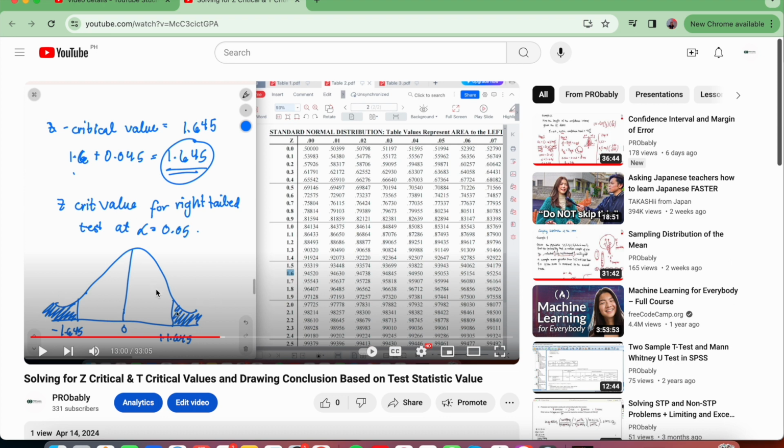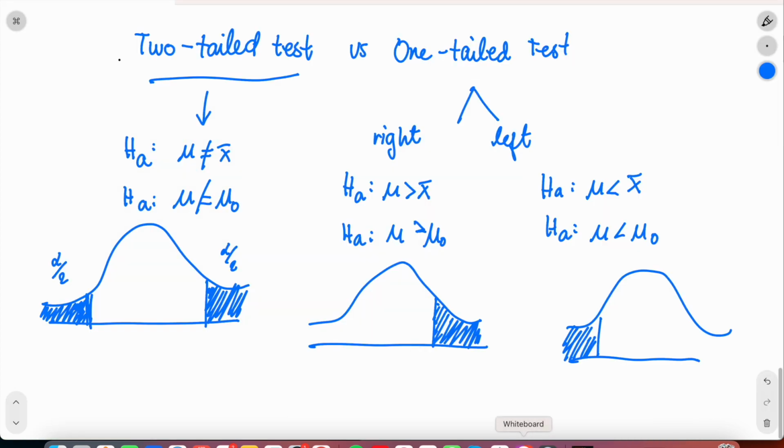It is still a correct representation, but to follow the rules, you should know that the rejection region for one-tailed and two-tailed tests looks different, but the answers in this video are still correct. So let's go back here. This is what it looks like.